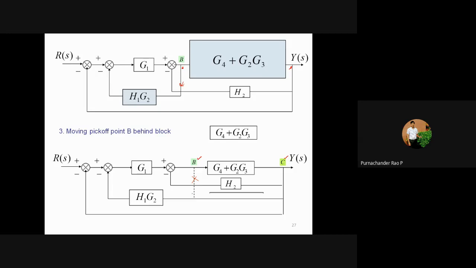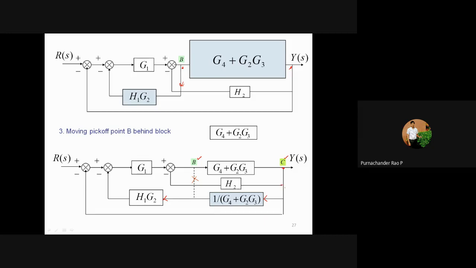This is shifted to this point, but whenever you are shifting this, you are adding an extra value, G4 plus G2 into G3, when you move this point to here. Because of this we need to divide this block, and then this signal will be like this. So this is a feedback link which is coming forward from this point C.